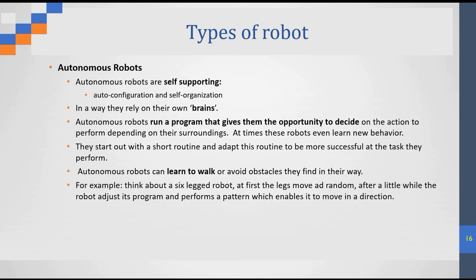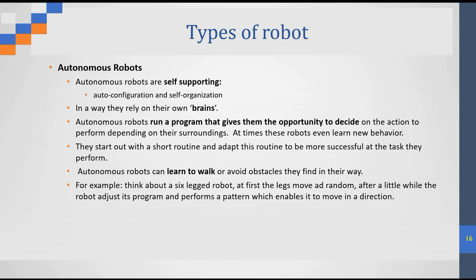So here the autonomous, as we say, is mostly self-supporting, also self-configuration. What does self-configuration mean? Because it's situated in environments, based on this environment, they can adapt themselves. They can change the configuration and react based on these environments.